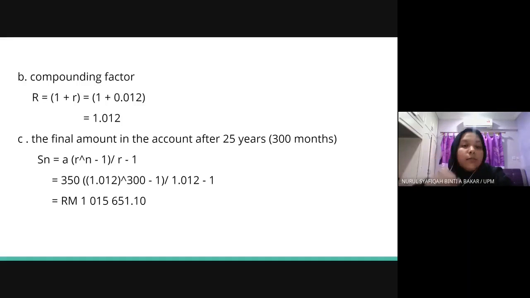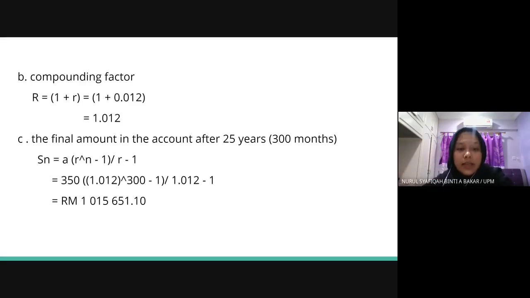And then the last question is the final amount in the account after 25 years. The general formula for the sum of a geometric progression is Sn equal to A times R to the power of n minus 1 over R minus 1, as proven in task 4 before.